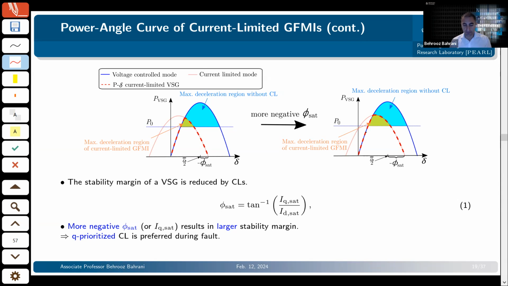We opt for the Q prioritized current limiter because it will help us get more of this stability region, and the chance of coming back will be higher, and our critical clearing delta, delta C, will be a little bit larger, giving us a little bit more time to come back to a stable operating point.